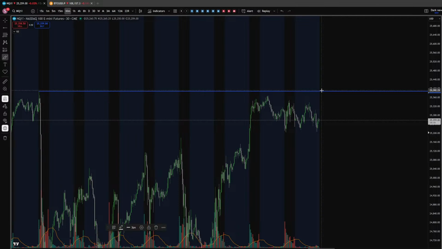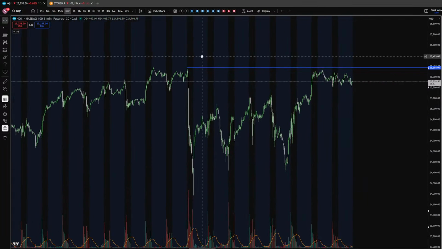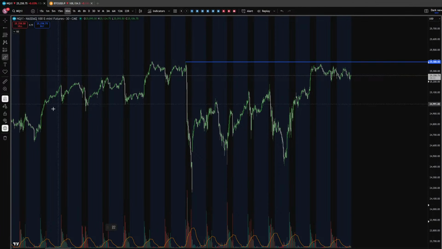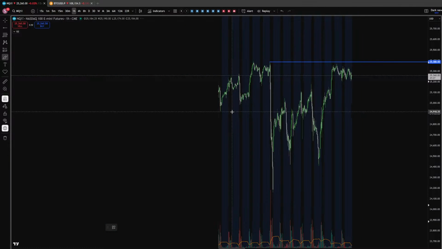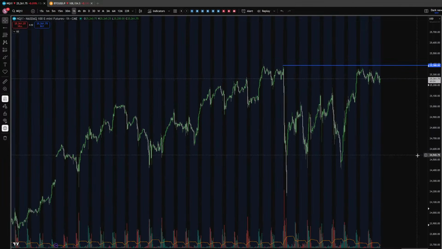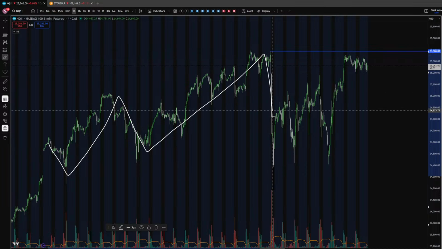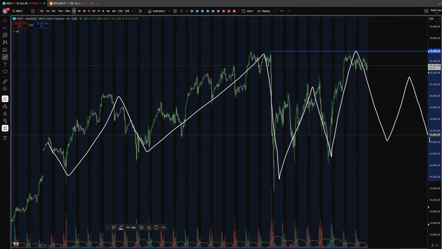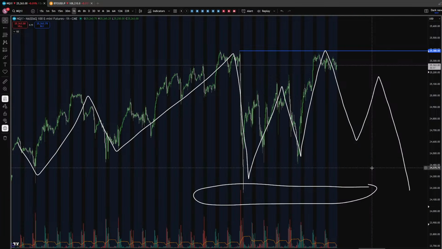And yeah, basically we can expect this big range to continue, right? So if we zoom out a little bit, we went up, down, up, down, up, down, up, down, up, down, and cleaned the lows again. Yeah, who knows?